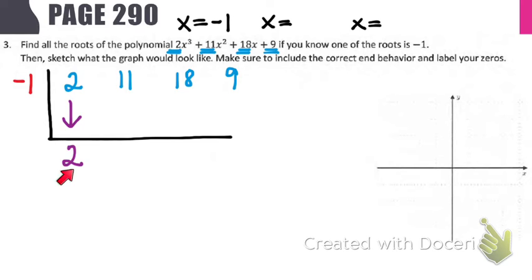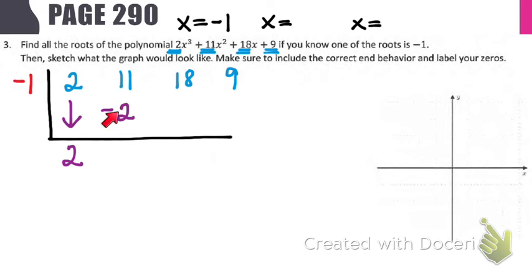And then you take this number, and multiply it by -1. So what is 2 times -1? 2 times -1 is -2. Put that under the 11. And now, in your calculator, if you need to, add these 2 numbers and bring that number down.